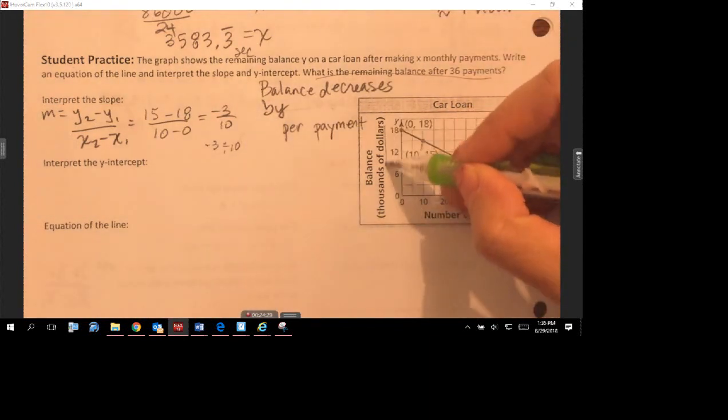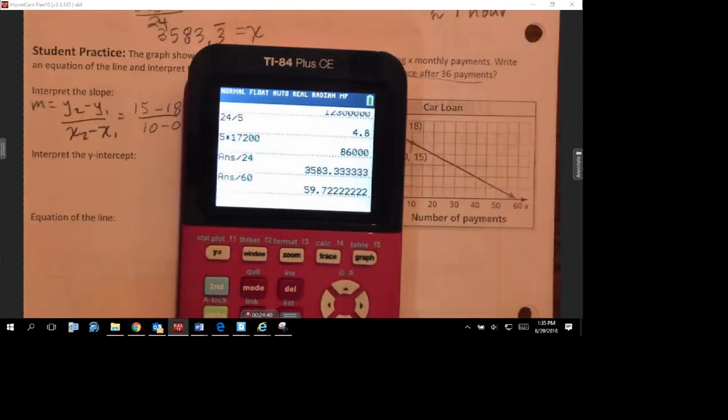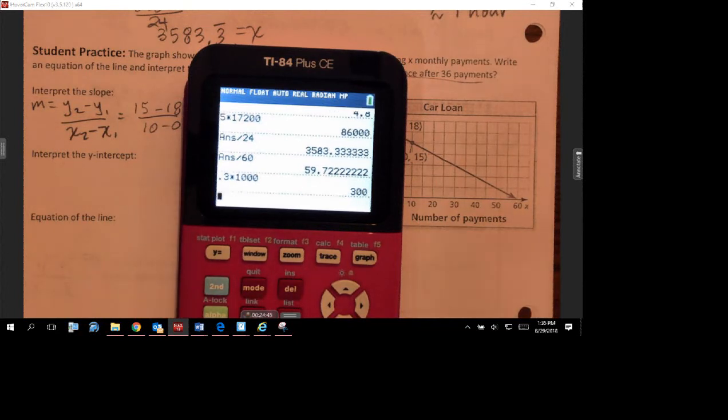Yes, you see this right here? Thousands of dollars. We're going down $0.3 thousand each month. 0.3 times 1,000. So we're going down $300 each month.